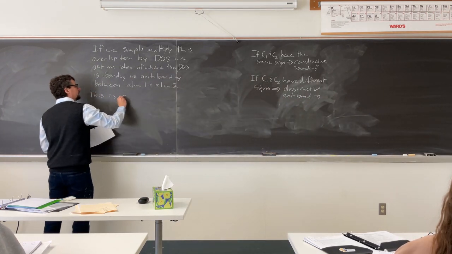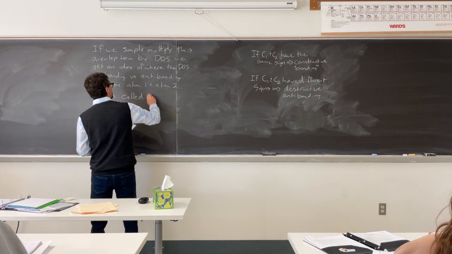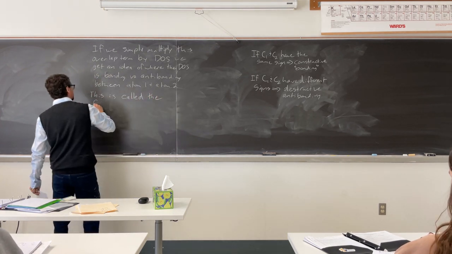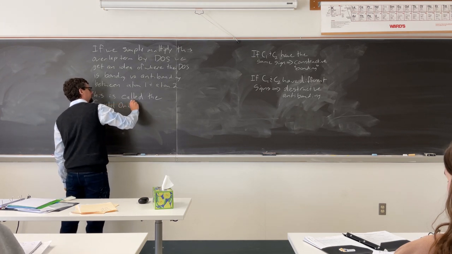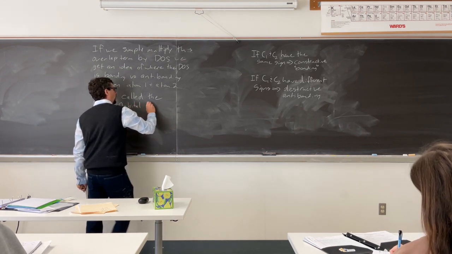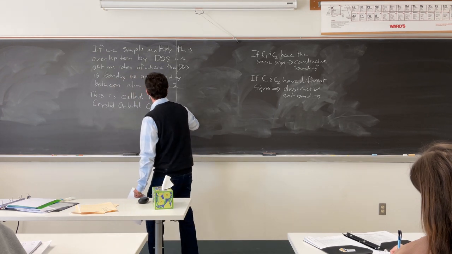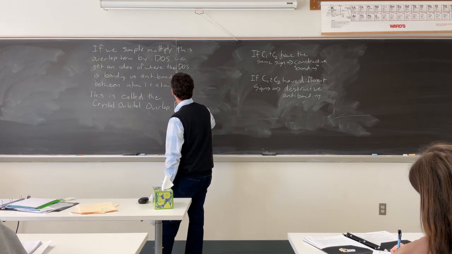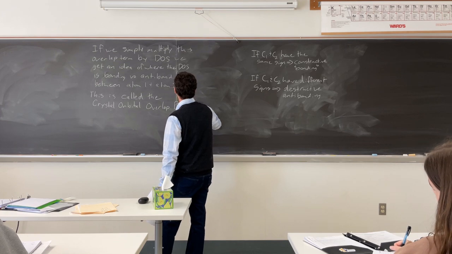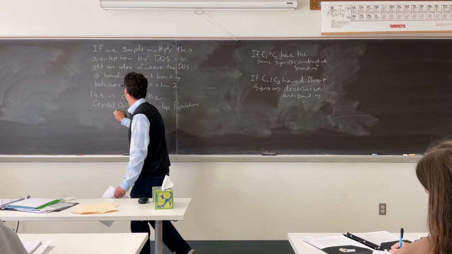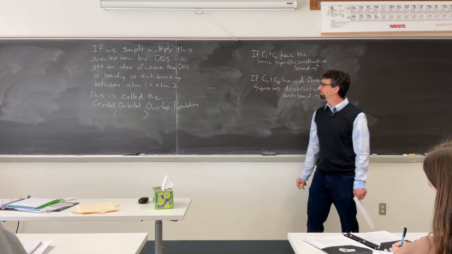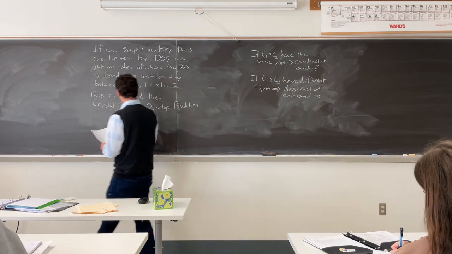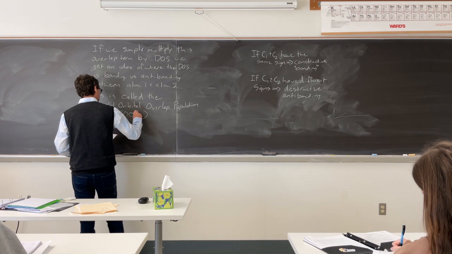This is called the crystal orbital overlap population. Or if you were going to shorten that, what would you shorten that to? Yep, COOP. The COOP.